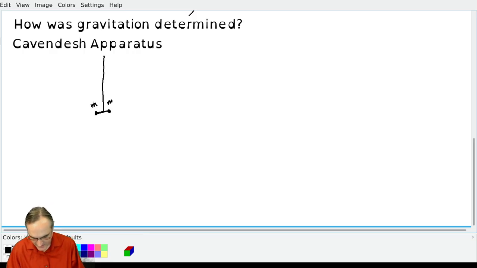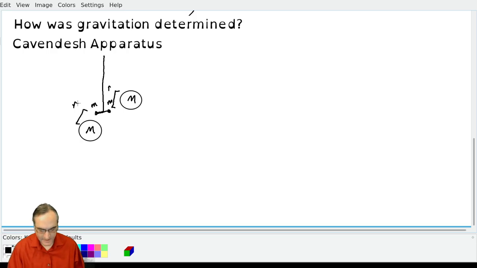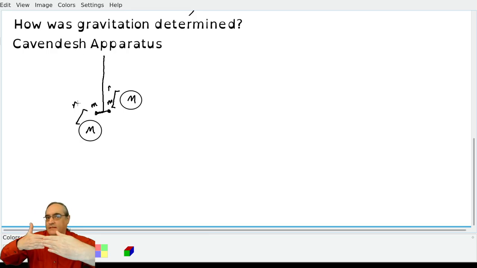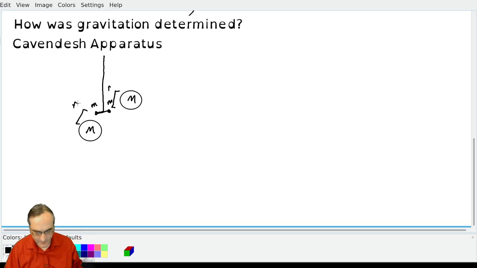Then what they did is they brought much larger masses near this on either side. So small masses on the apparatus, large masses here. They could figure out the distance center to center. They could figure out r. And what happens is this bar twists slightly under the influence of the gravitational force of these two masses.